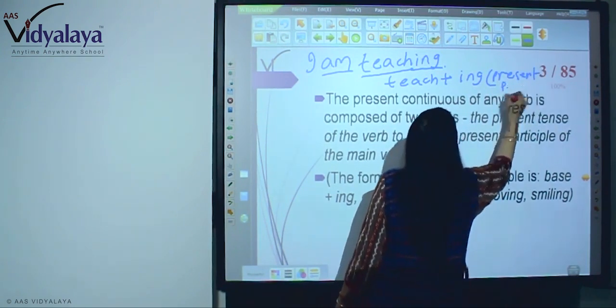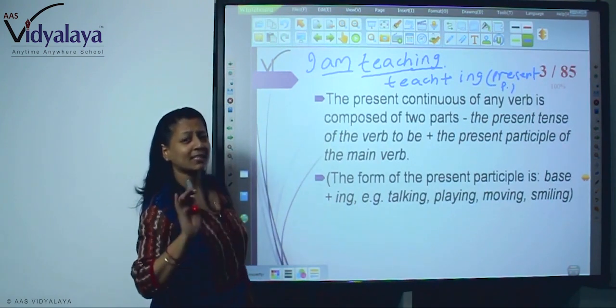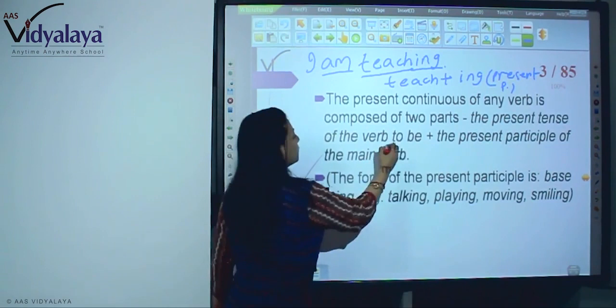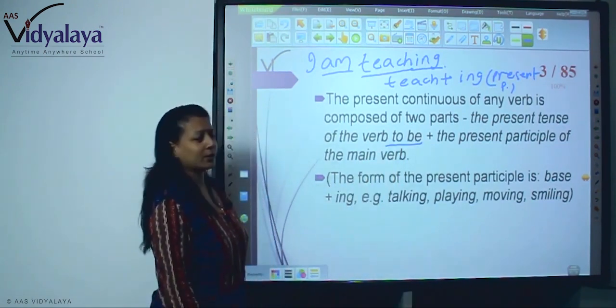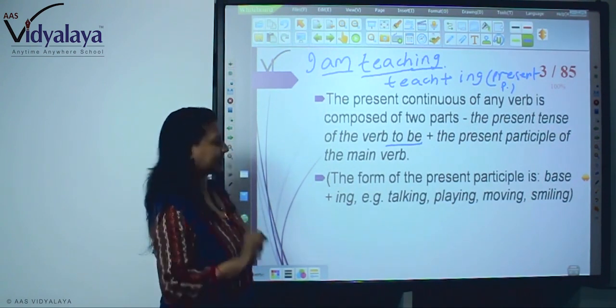So easy to make and so easy to understand. So the verb to be plus the present participle of the main verb you will have to use when you are writing present continuous tense.